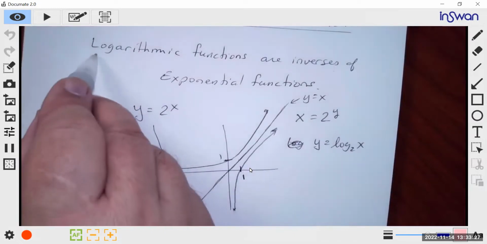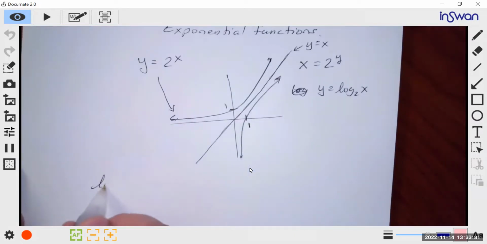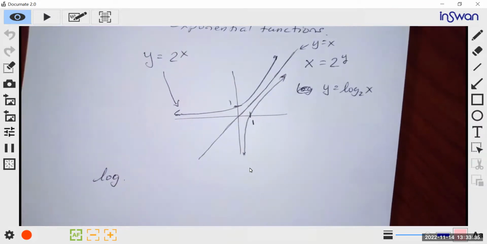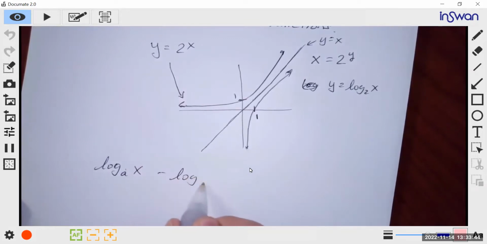So instead of writing logarithmic equations from now on, we're simply going to write the word log. And there are 3 different types of logs, which we'll talk about in a second. So log, this is read log base a of x.